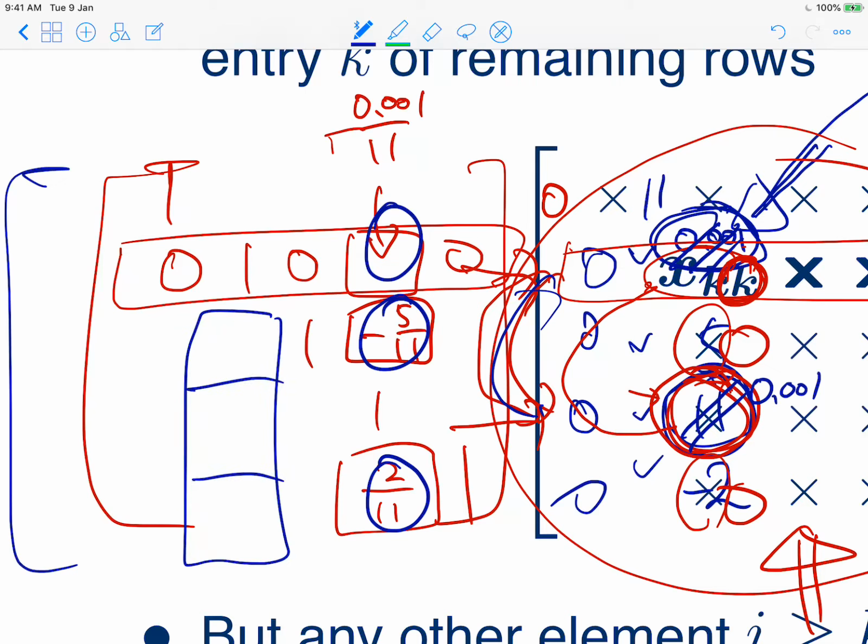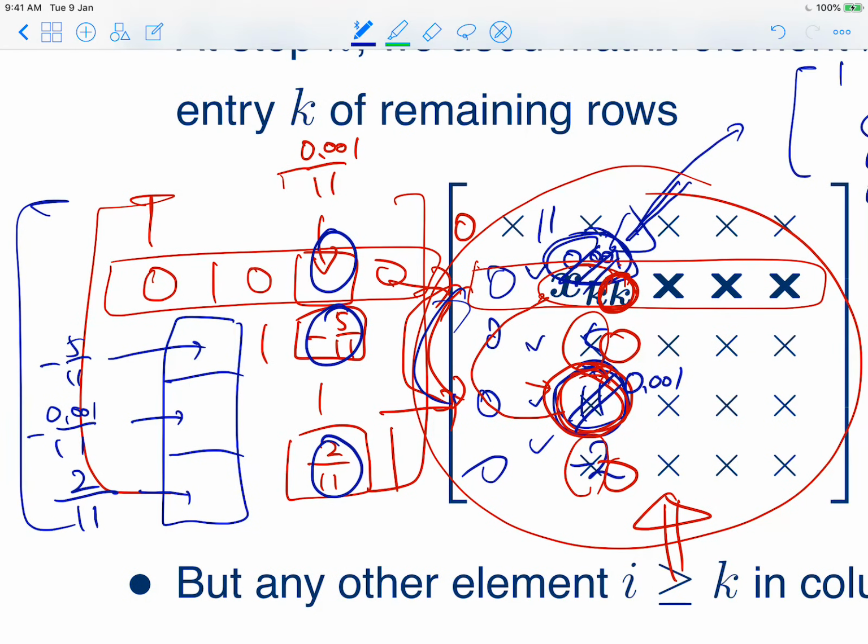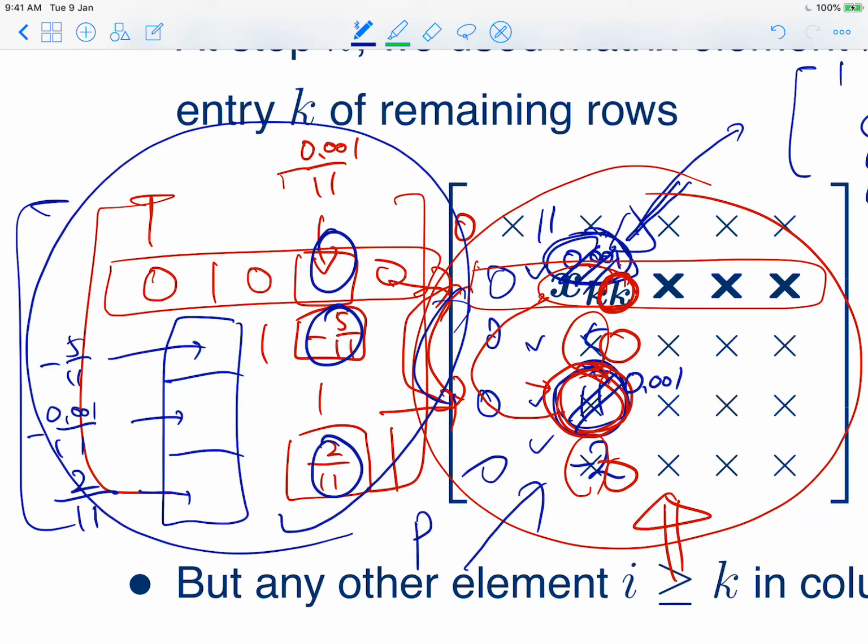This part is -11/4, and this guy is -11/0.001, and this guy is 2/11, right? So once obtaining this L in the middle of the permutation and the lower triangular, this is certainly a permuted version, and this is the corresponding L.